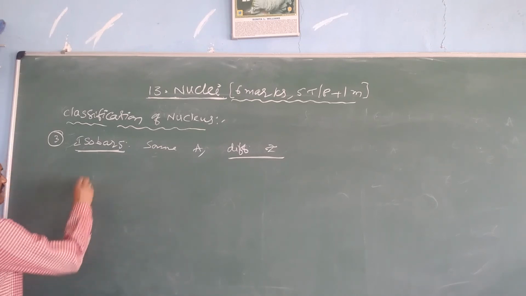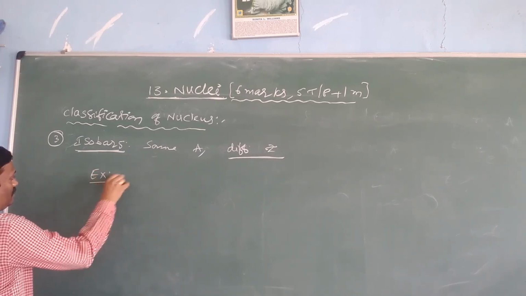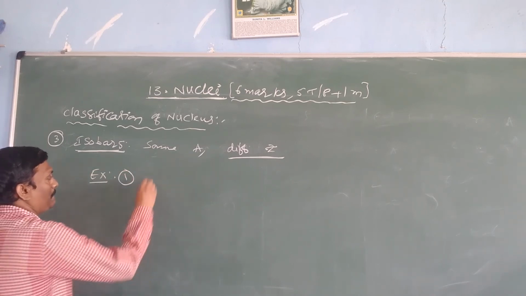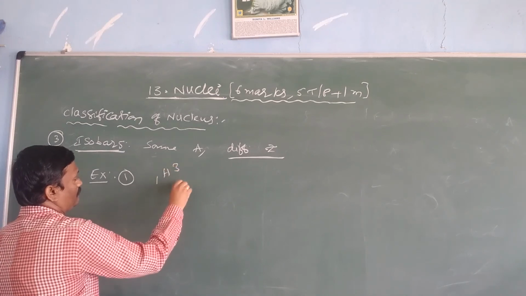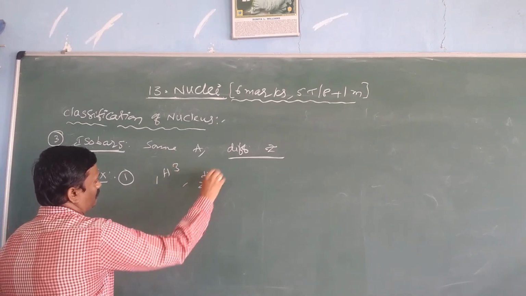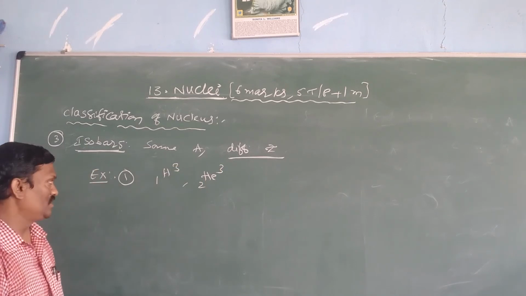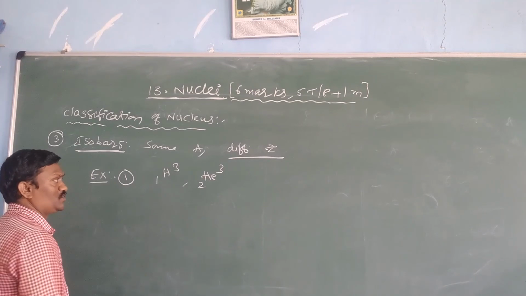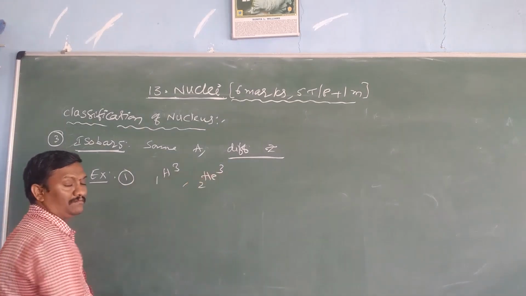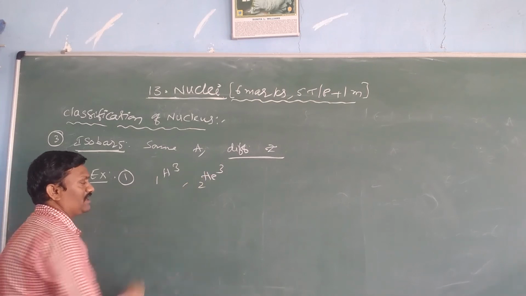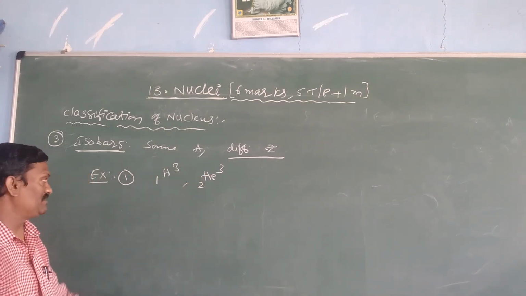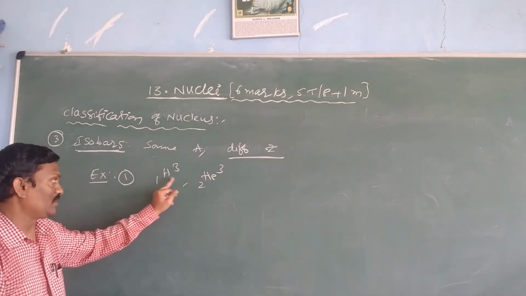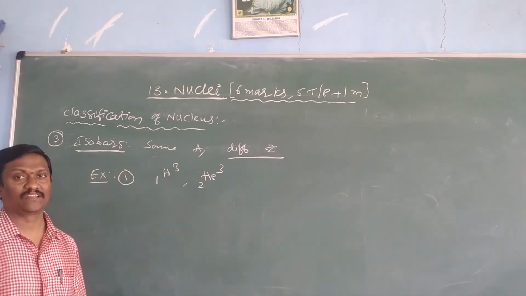What is an example of isobars? For example, 1H3 and helium-2,3. These two are called isobars. How? Because these two nuclei have the same mass number but different atomic number. The nuclei which have the same mass number but different atomic number are called isobars.